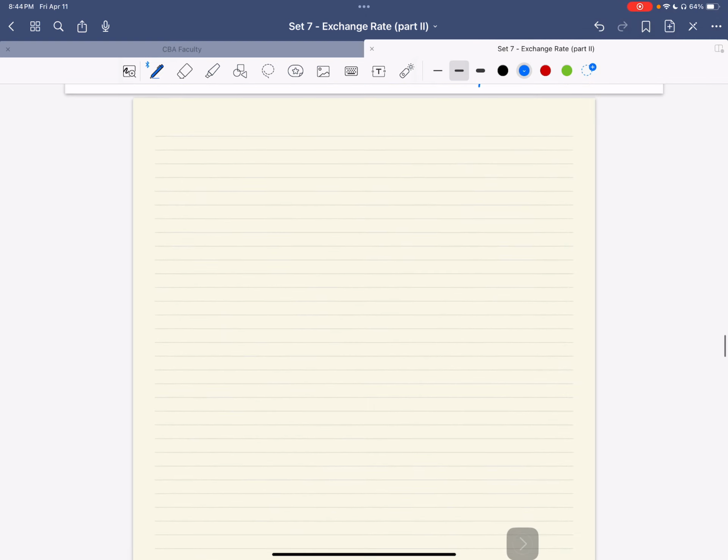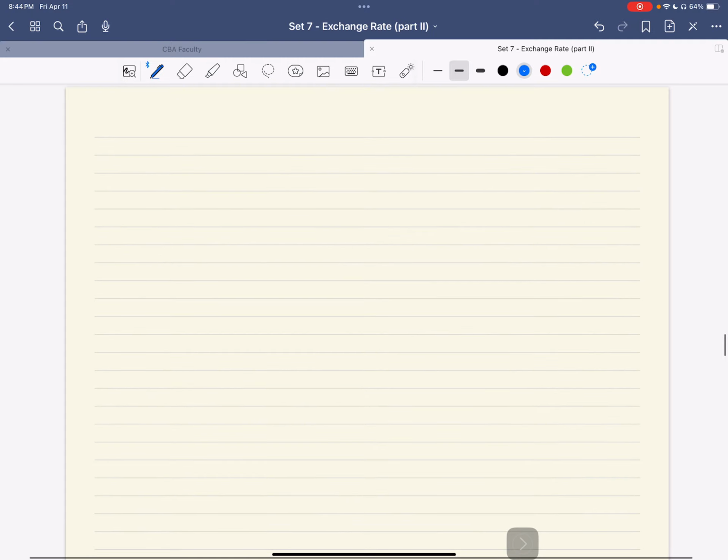create a blank page. Say, let's talk about the example of Big Mac again.